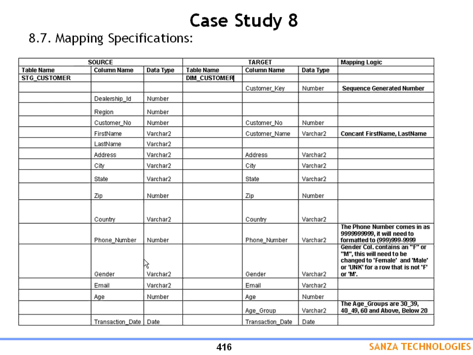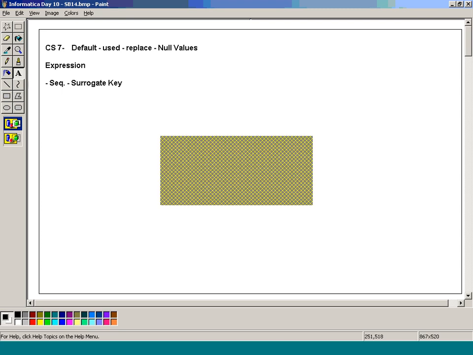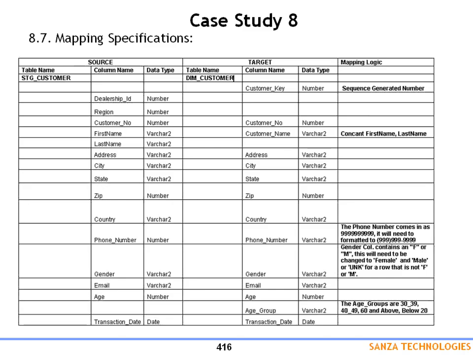Then age: if a customer's age is 35, then in the age group column of your target table, it should load 30 to 39. If the customer age falls 42, then in the age group column, it should load as 40 to 49. Like this, you have to load into this target table. That is one requirement.